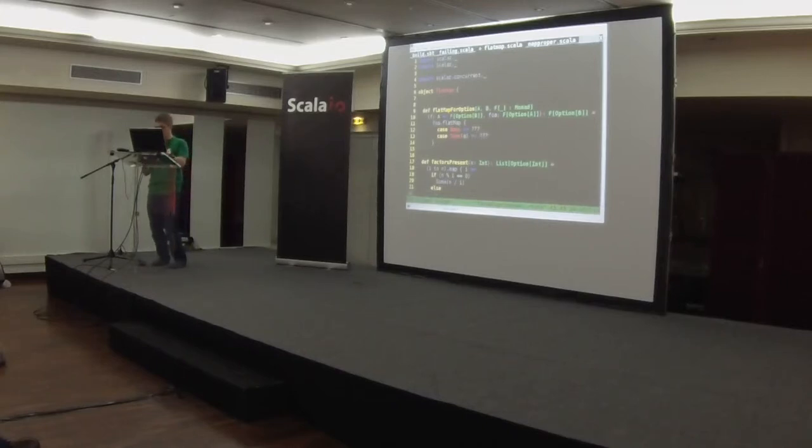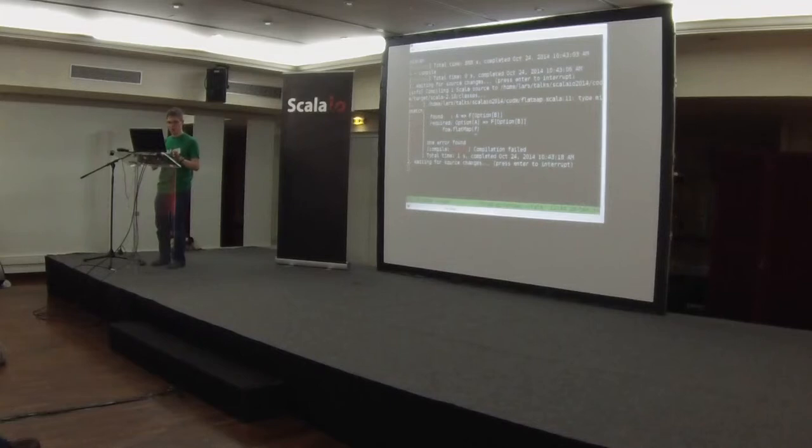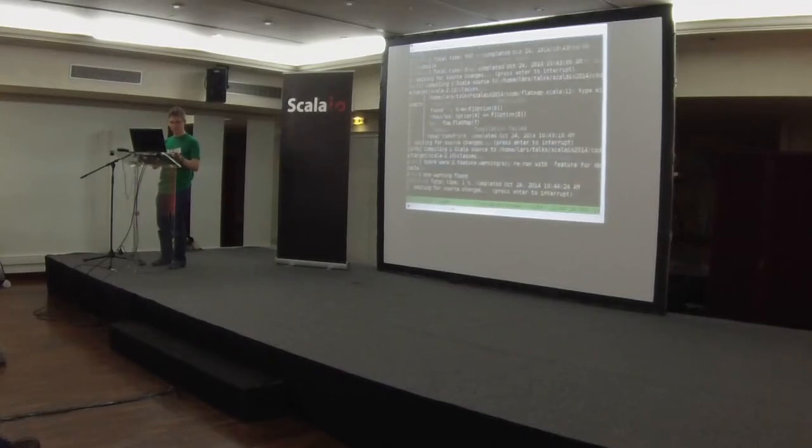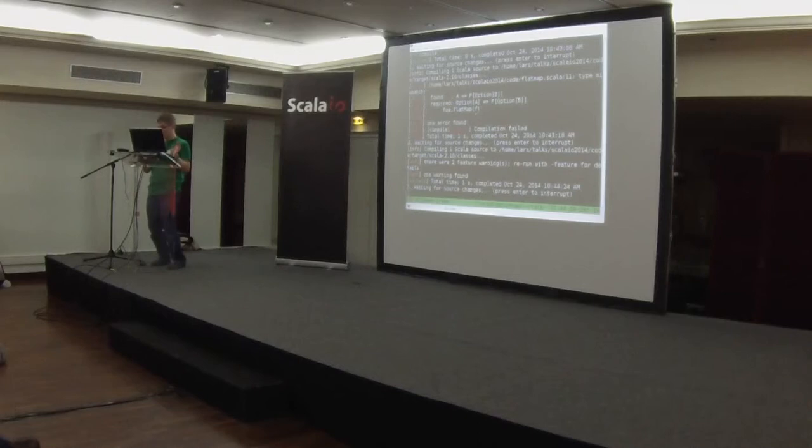Is everybody familiar with this triple question mark operator? It's just a placeholder which has any type. So yeah, the compiler did actually take that. Okay, the compiler's happy with that. Awesome.